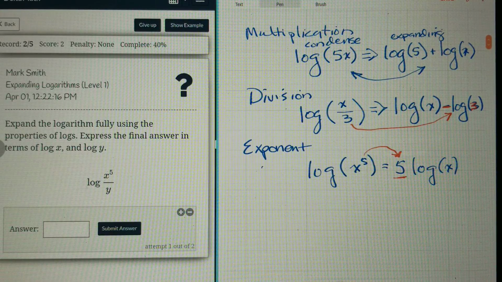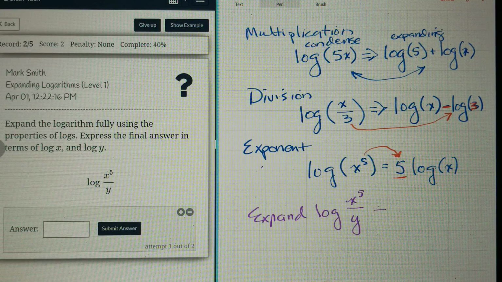In this case, we want to expand log of x to the 5th divided by y. So this is division.